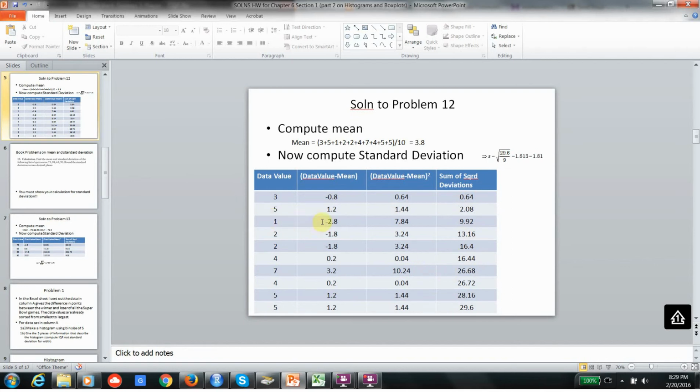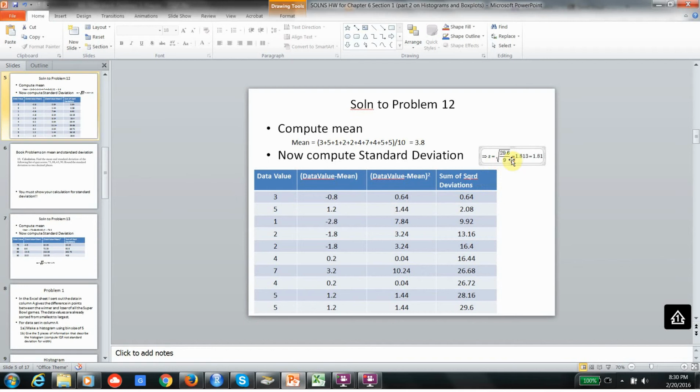Subtract 1 from 3.8, get minus 2.8, square that, get 7.84, add that to 2.08, and get 9.92. Just keep on doing this. And the very last value gives me the total sum of squared deviations, 29.96.